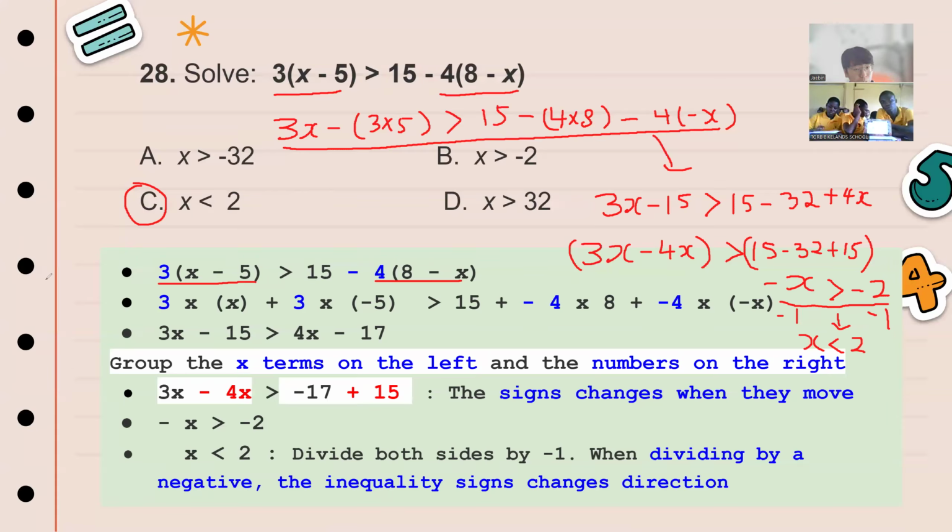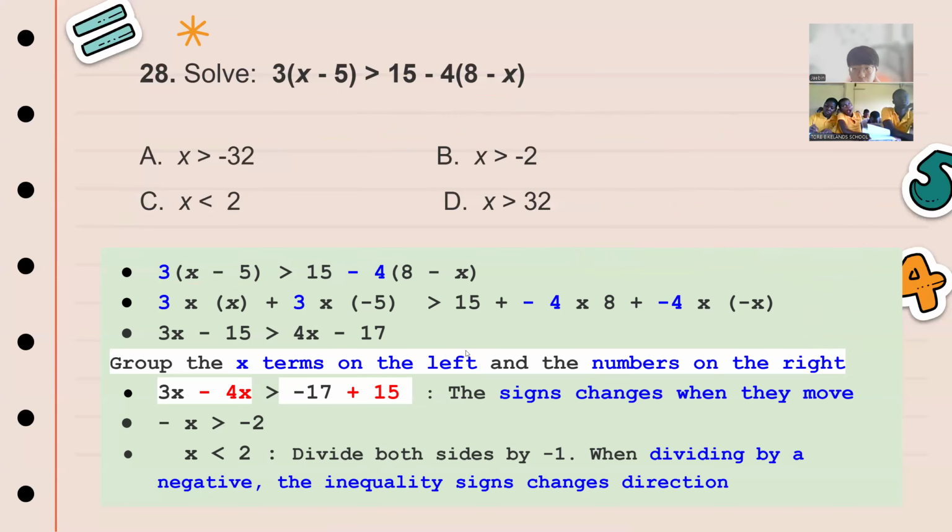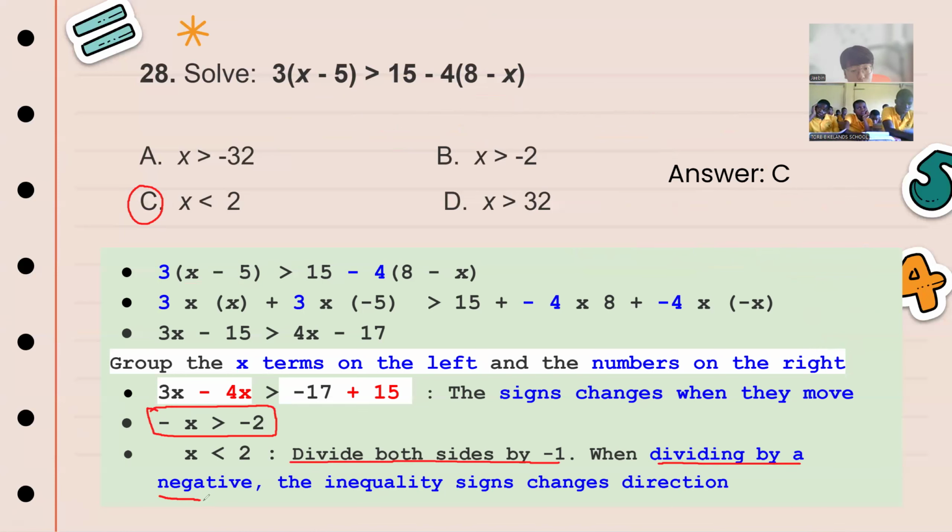This is the last question, so I wanted to make sure that everyone understands why this one is right. If this one makes sense, always remember that this is the most important part of this question: divide both sides by -1, and if we divide by a negative number, the inequality sign always changes direction.